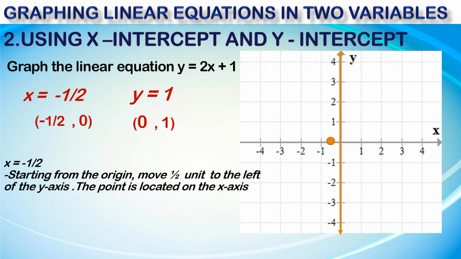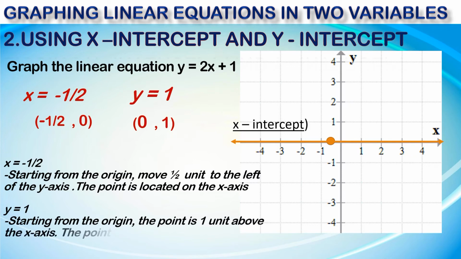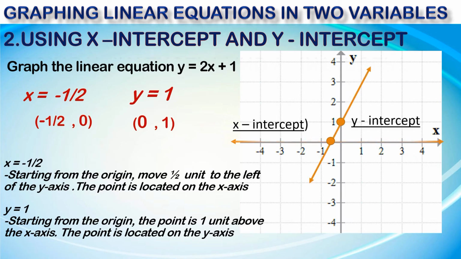For y equal to 1, which is the y-intercept, we have the ordered pair (0, 1). Starting from the origin, the point is 1 unit above the x-axis, so the point is located on the y-axis. And then next, we're going to connect the 2 points. So we have the graph of y equals 2x plus 1.